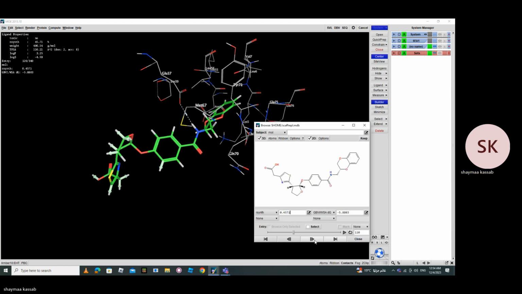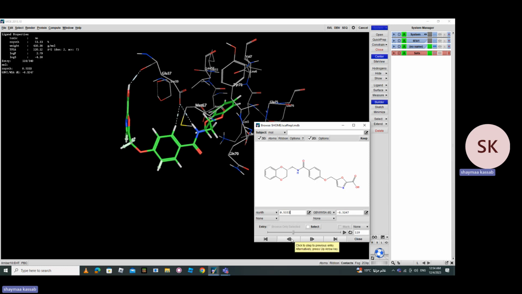I think this one is with a very nice score, a numerical value for the resynthesis. This is a score of chemical accessibility.